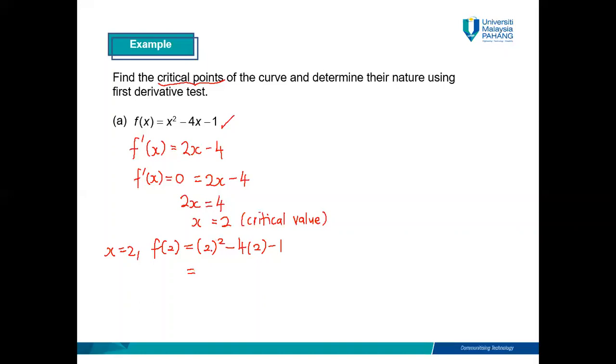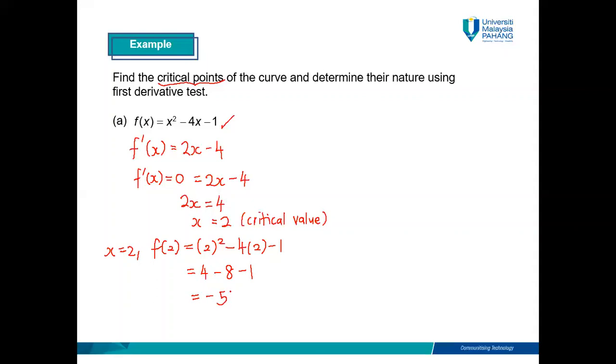So 2 squared is 4, minus 4 times 2, 8, minus 1. So equal to minus 5, isn't it?